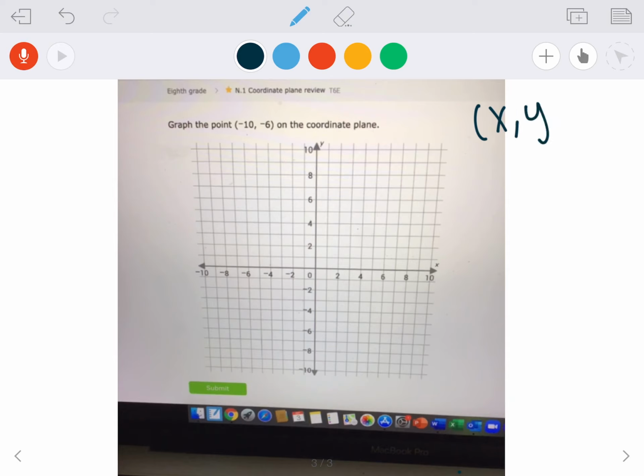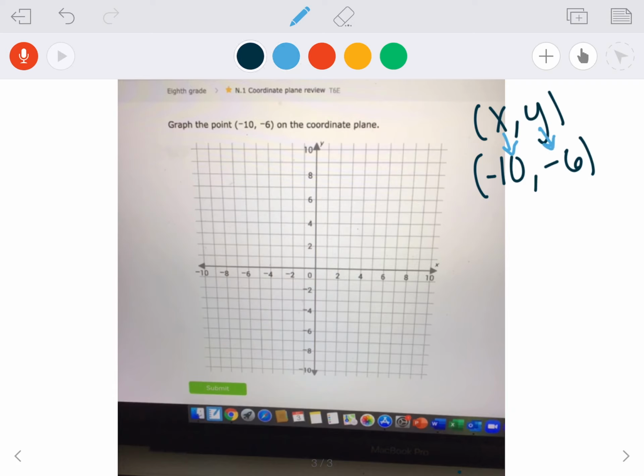We have our x, y coordinates, and we know it's going to be -10, -6. If you get tripped up with whether it's x, y, or y, x, I suggest rewriting it out like I did here. So we know that our x matches up with our -10, and our y matches up with our -6.